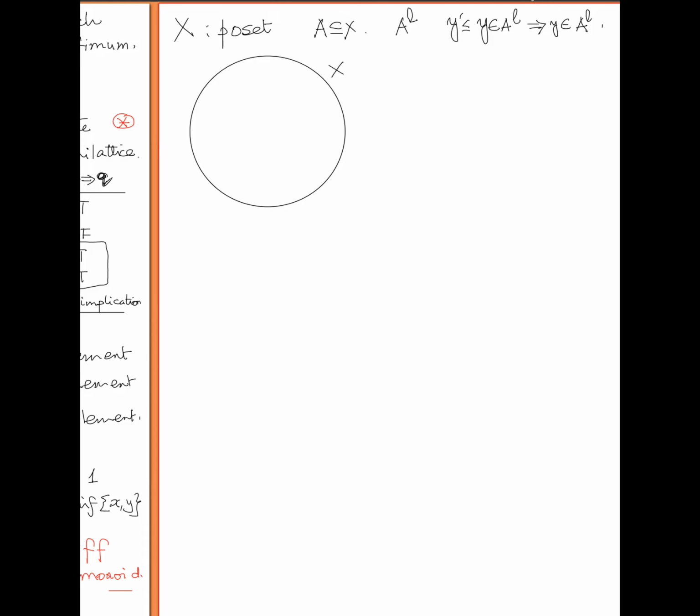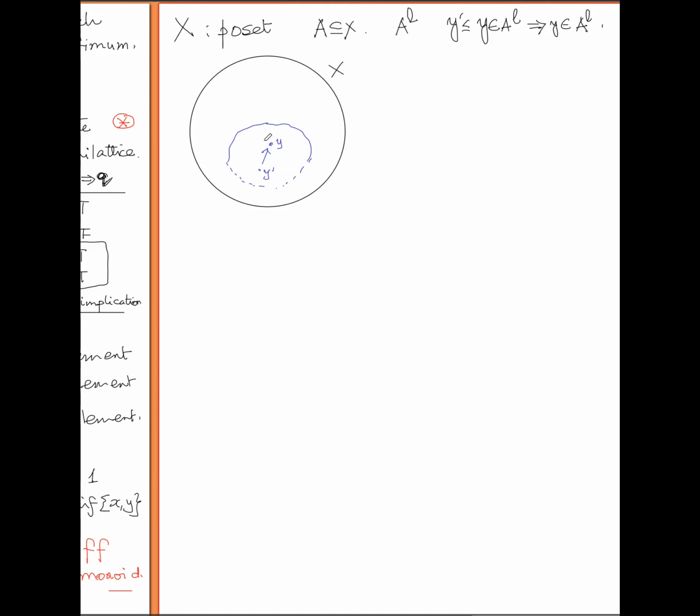If you have something and something which is smaller than that, let's say it's like this, then this is also inside. So something smaller than a member is also there.